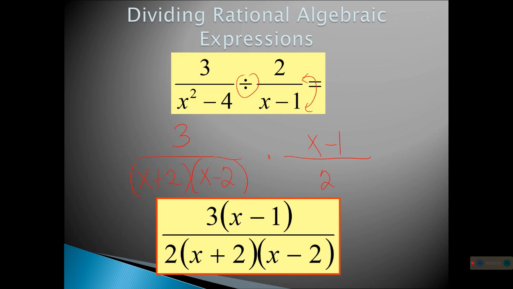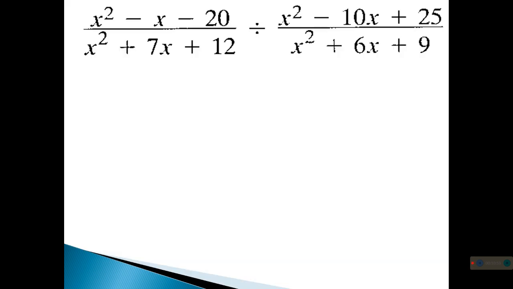So your final answer here is 3 times (x minus 1) all over 2 times (x plus 2) times (x minus 2), since there are no common factors on the numerators and the denominators. I hope it is clear. Okay? So, for another example, wow, it looks hard, but you can answer this.